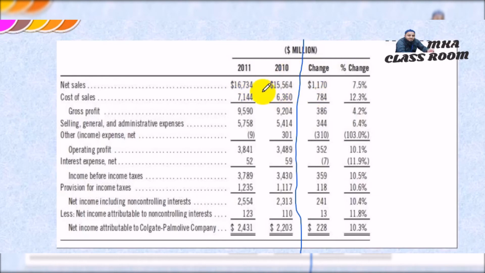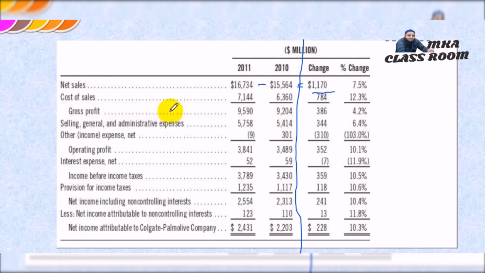If you subtract this value, that is 2734 minus 15,564 equal to 1170. So that is very easy for you to calculate.